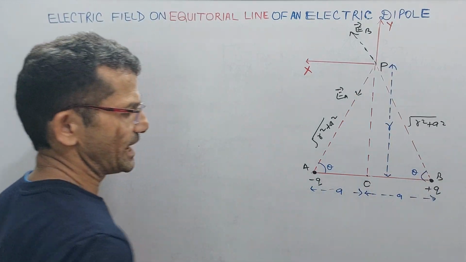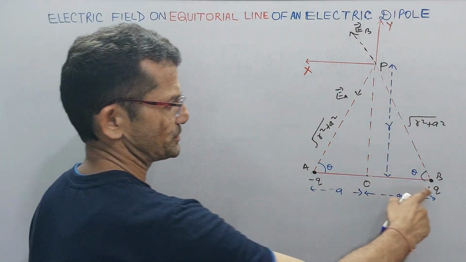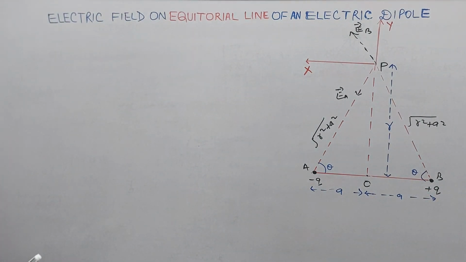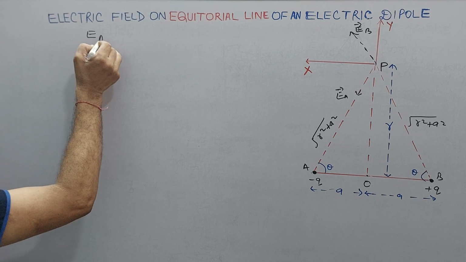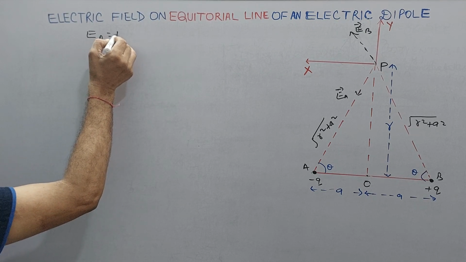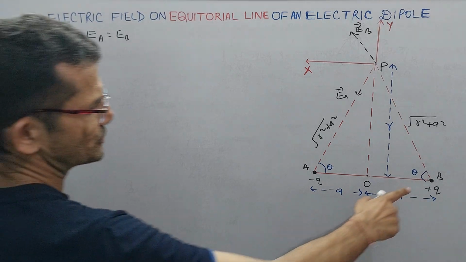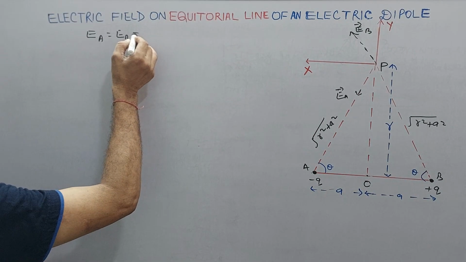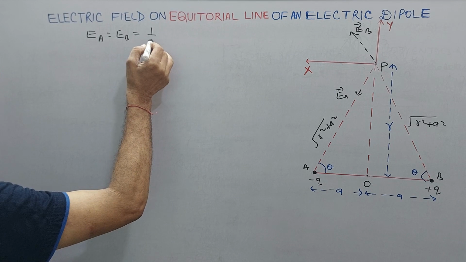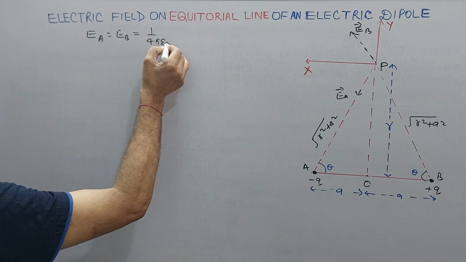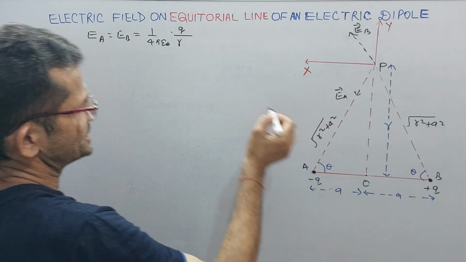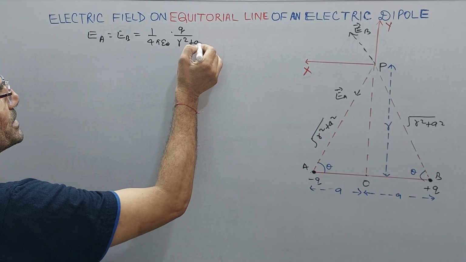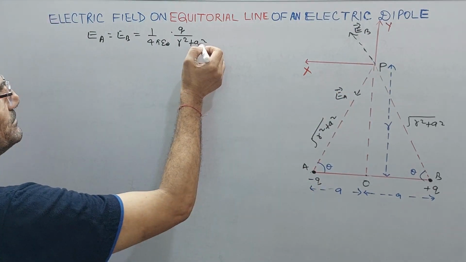So now the electric fields produced by minus q and plus q will be equal in magnitude. The electric field due to minus q, EA, is also equal to that due to the other charge, because the magnitude of charge and distance are the same: 1 upon 4 pi epsilon naught, q divided by (r square plus a square).